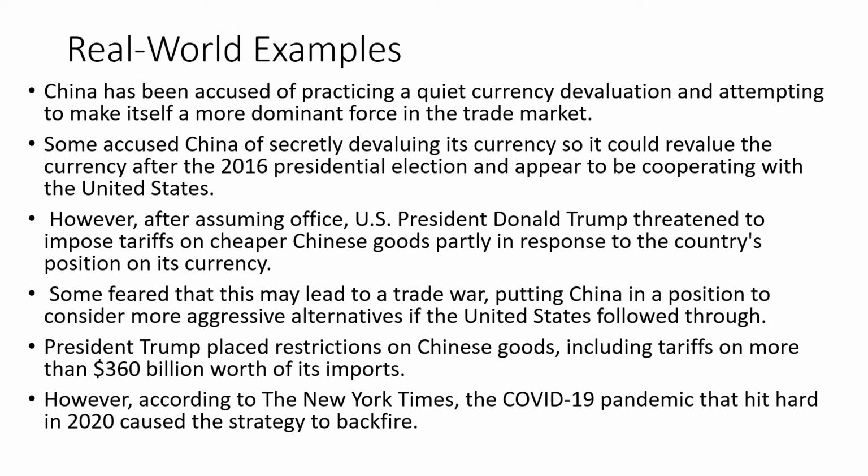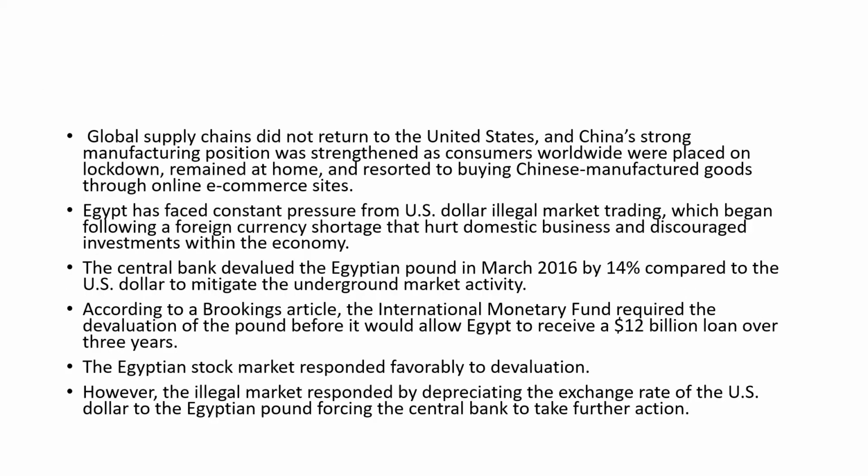According to the New York Times, the COVID-19 pandemic has hit both China and the US very hard. Global supply chains were hurt, and Egypt has faced pressure from the illegal market trading of US dollars, which began following the foreign currency shortage. The central bank devalued the Egyptian pound.